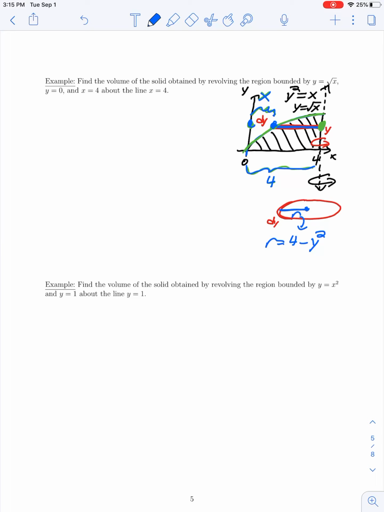Depending on where I choose my value y, of course I have a larger radius or a smaller radius for this disk. So once I know the area of my circular disk, I'm ready to use the disk method to find my volume.